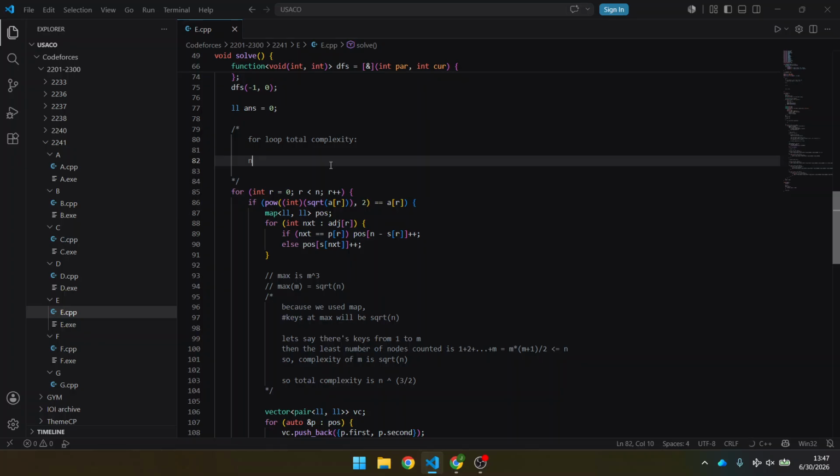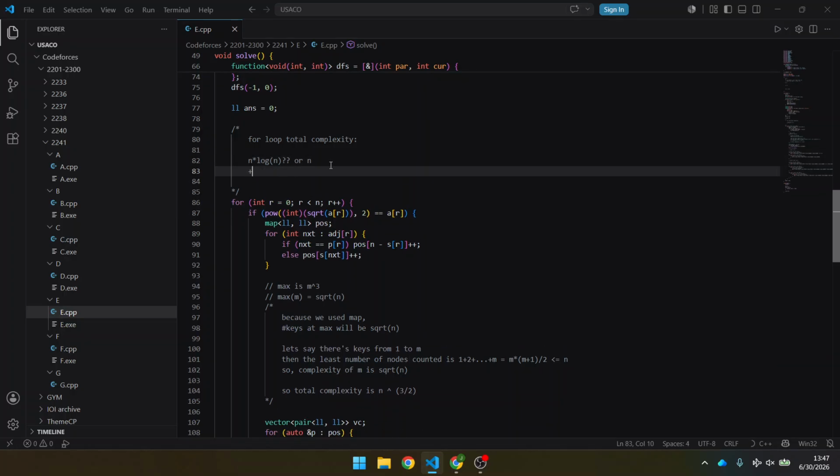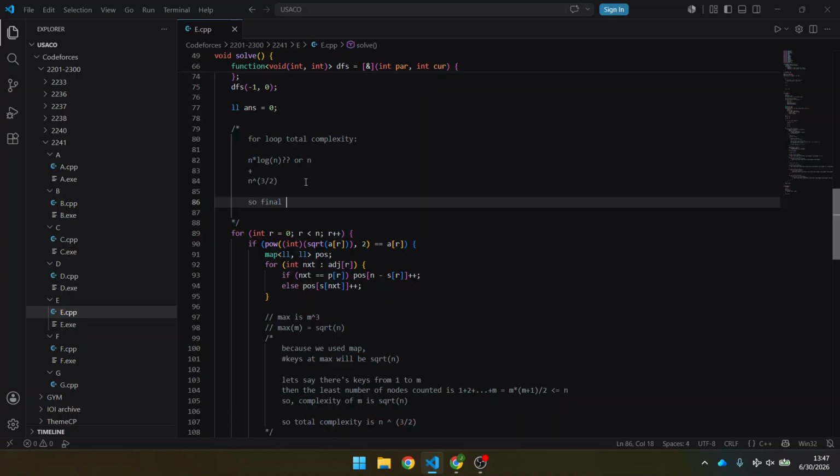So n times log n, plus this inside loop n to the 3 over 2. Now this will dominate. So final complexity is just n to the 3 over 2 power, which is n square root n. And easily passable with n equals 10 to the 5th.